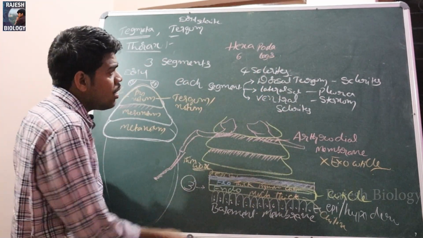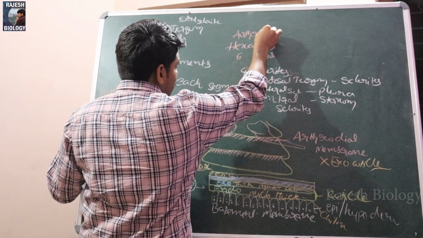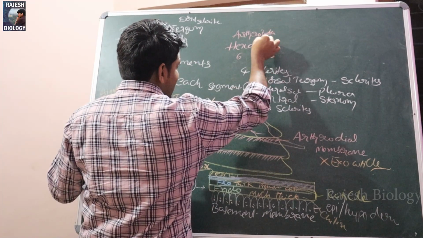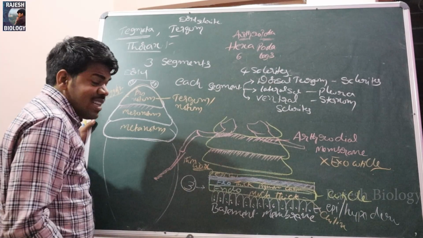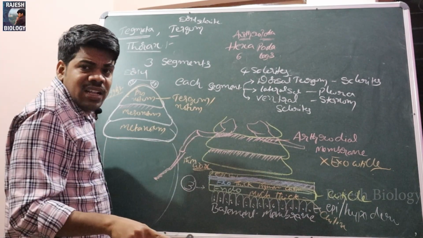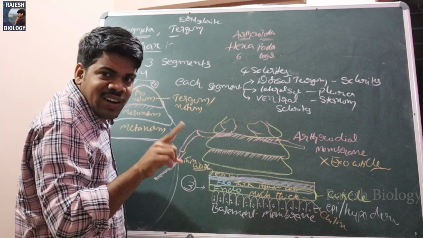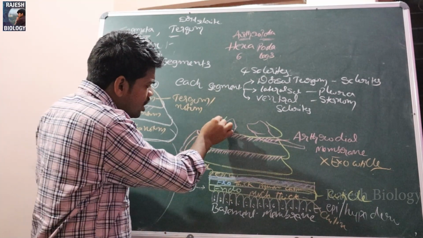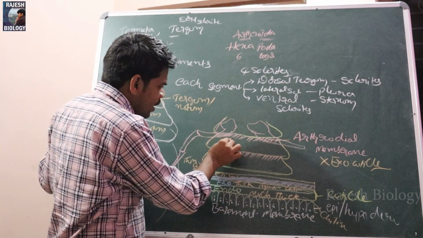And the phylum name is Arthropoda. Poda means legs, arthro means joints. There are 6 jointed legs present in the thoracic region on the ventral side. From each thoracic segment, a pair of legs arises.